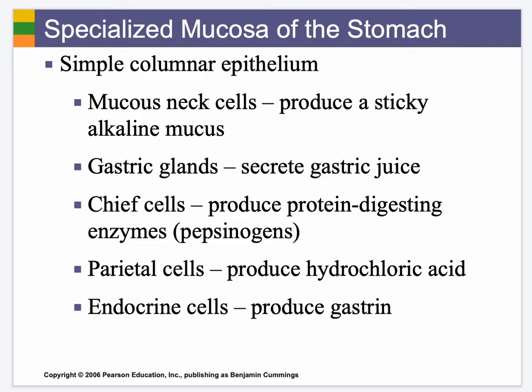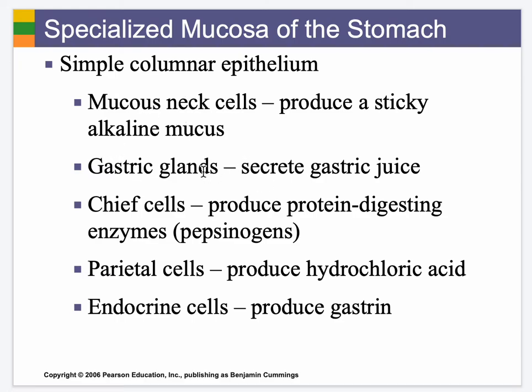So, ano yung mga specialized mucosa of the stomach? First is we have your simple columnar epithelium ng stomach, mayroong mga specialized mucosa doon. First is your mucous neck cells. So, huwag kayo malito. Mucous neck cells, they produce a sticky alkaline mucus, no? Gastric glands.